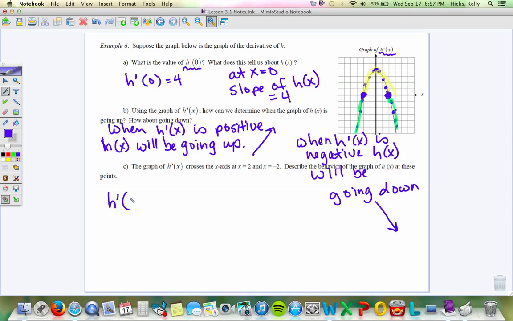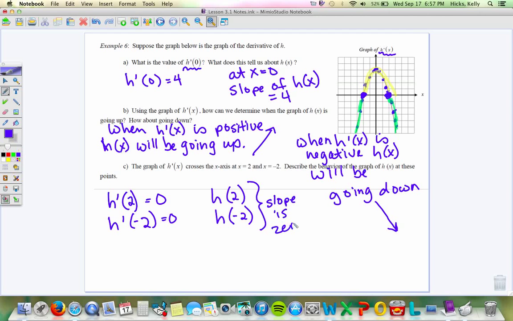Well, what that means is if h prime of 2 is equal to 0, and h prime of negative 2 is equal to 0, what does that tell us about h at 2 and h at negative 2? It tells us at these places right here, the slope is 0 at those places on the original graph.